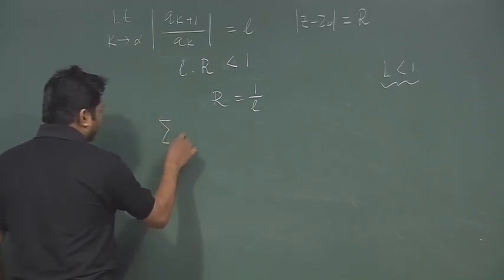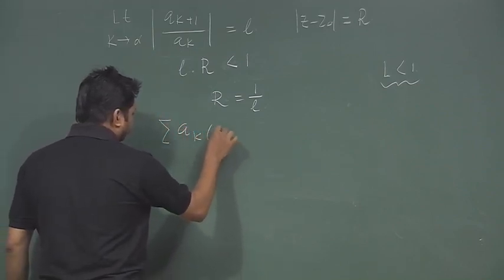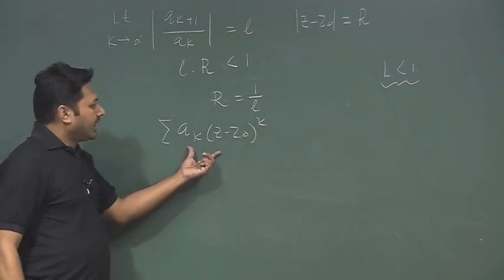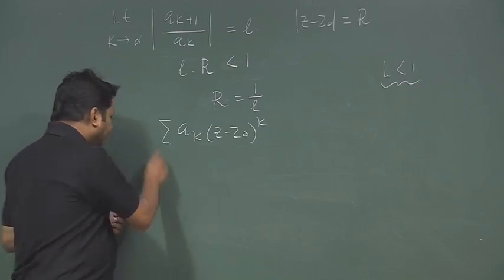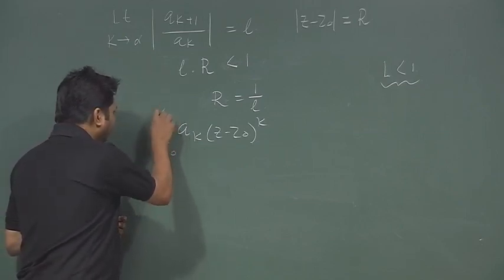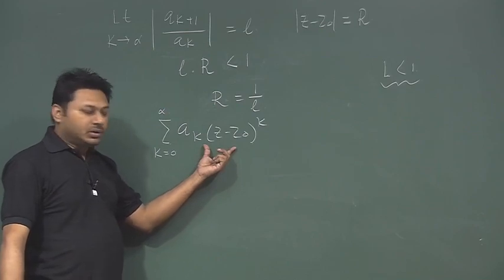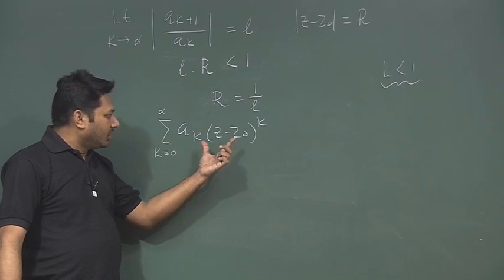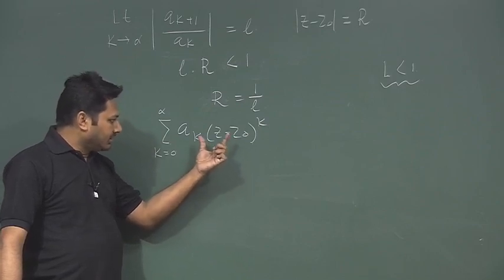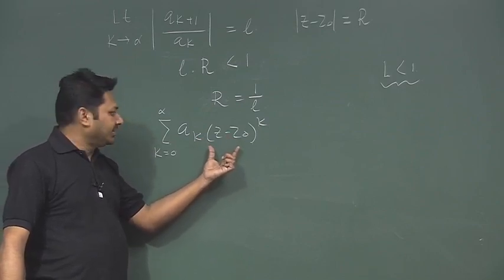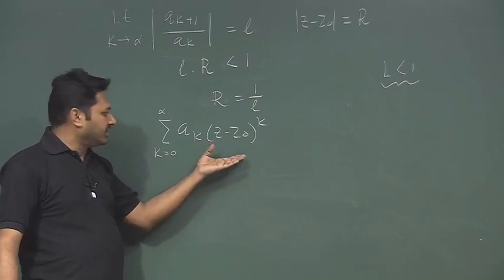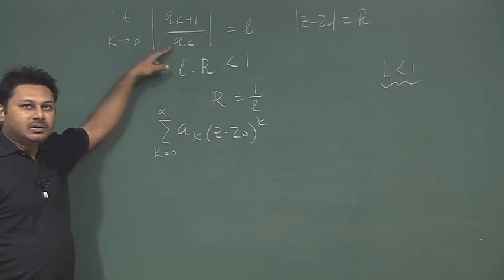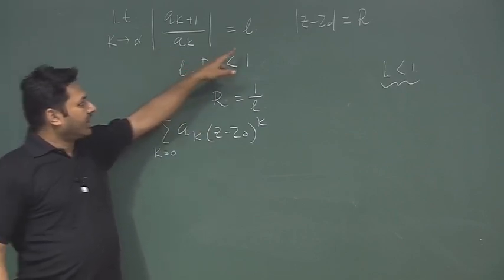So first a series is given to me. Let me summarize once again. The series is given to me, and I am asked whether this series, from 0 to infinity, is convergent or not. In order to converge, what is the region where I can expand this series so that it will be a convergent series? In order to find the region, I need to find this limit. When I find this limit, I will find l.